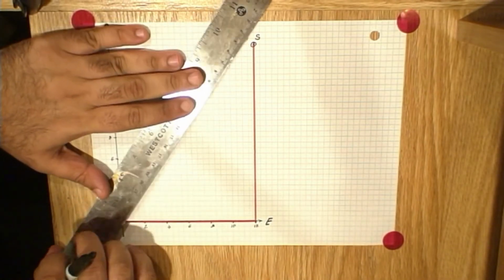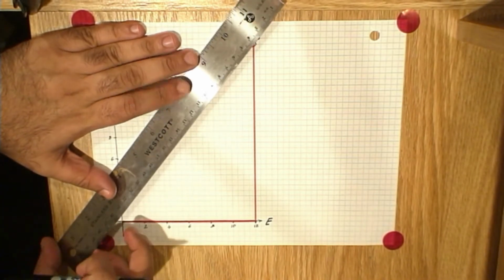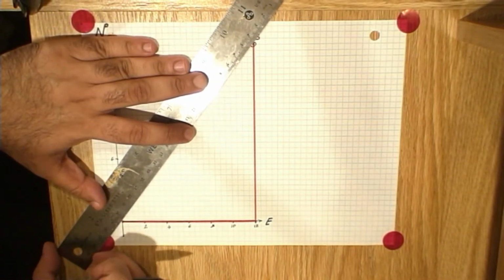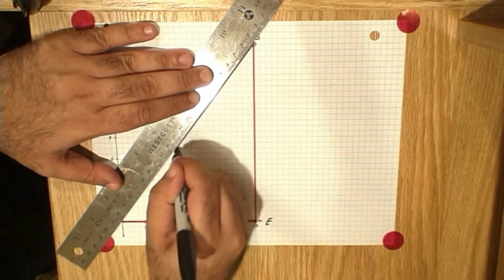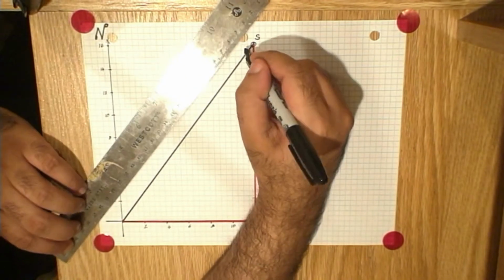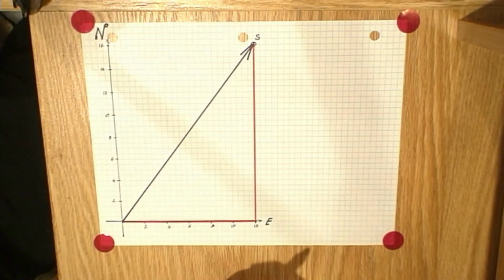We can represent the sum of those two components, the east contribution and the north contribution, as one single vector, like this. And now we have located the shark.